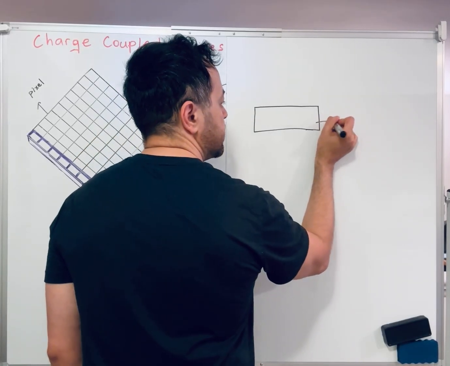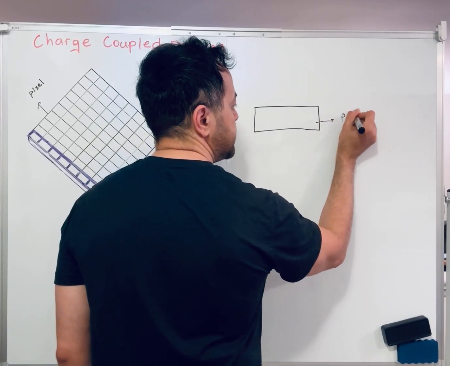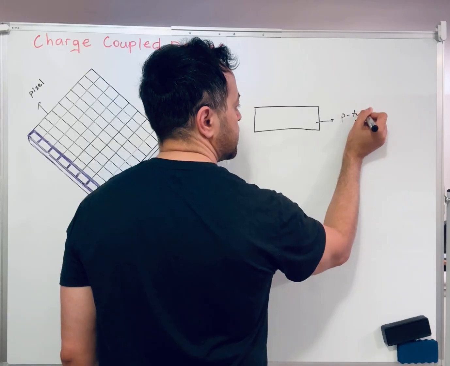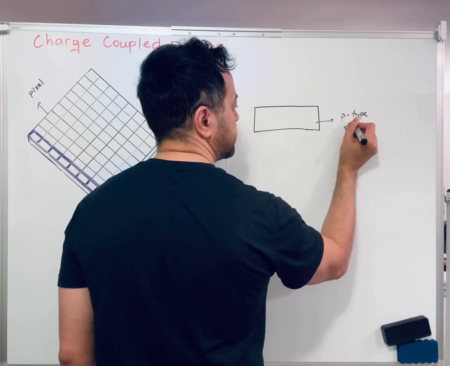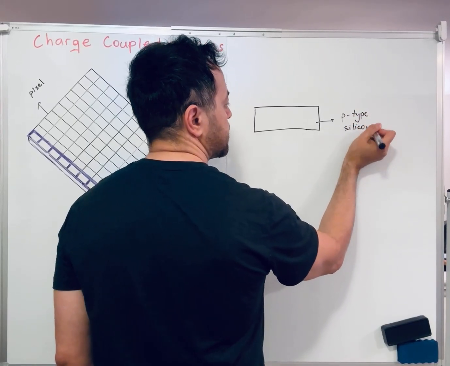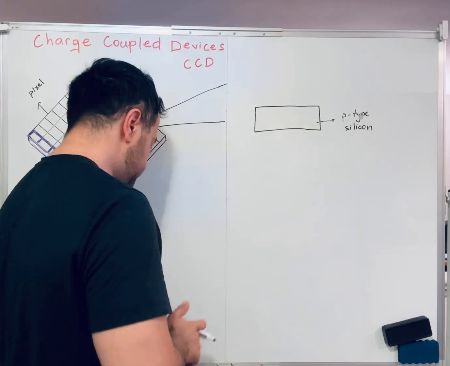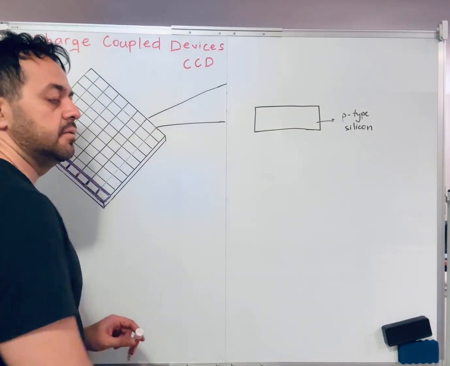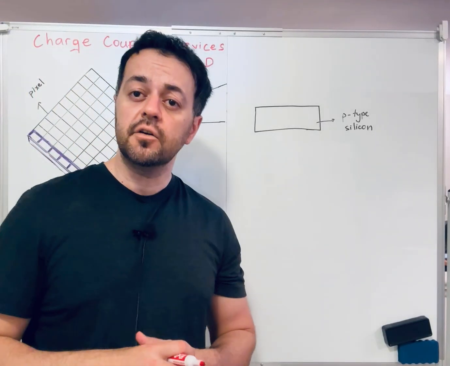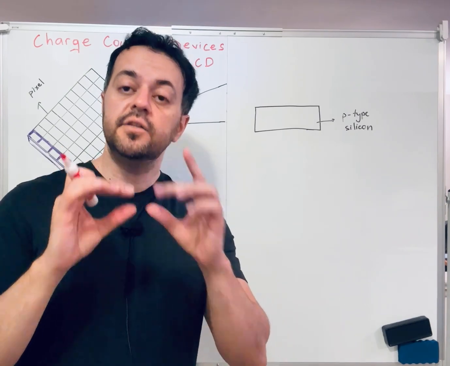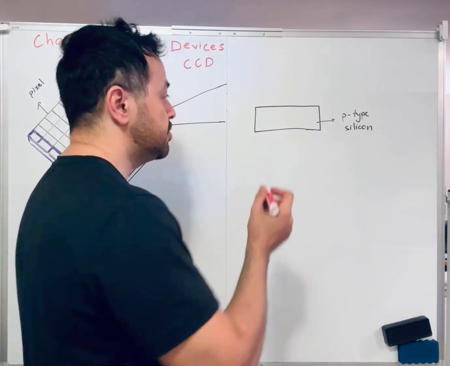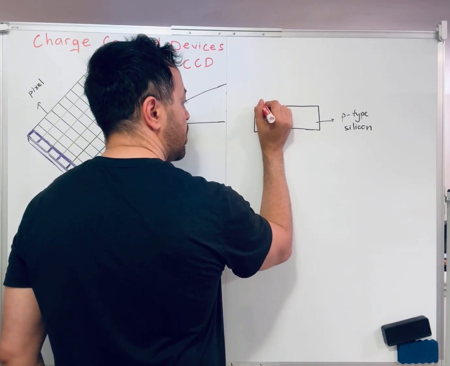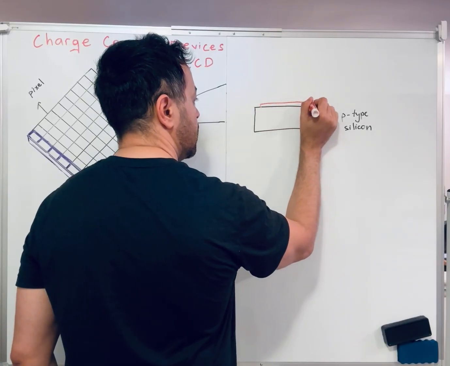So I'm going to go ahead and write, this is p-type silicon. On top of the silicon there is a silicon dioxide insulator.